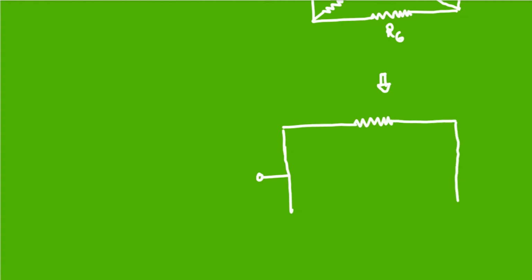We can compare the last diagram with this diagram, and this diagram will behave the same as the last diagram. This is the equivalent circuit diagram of the given circuit diagram.